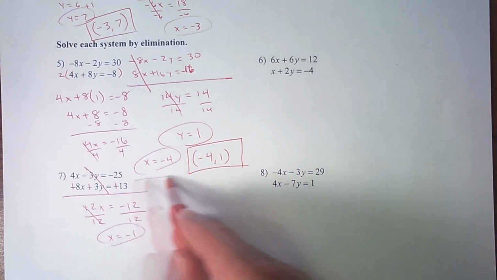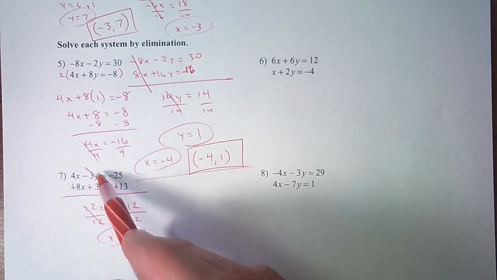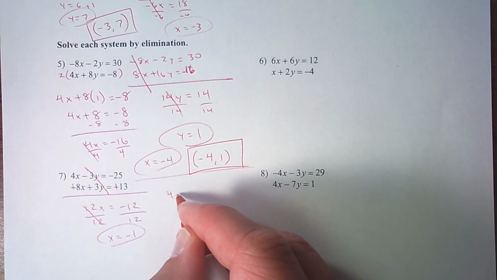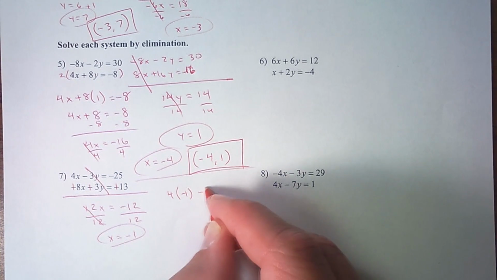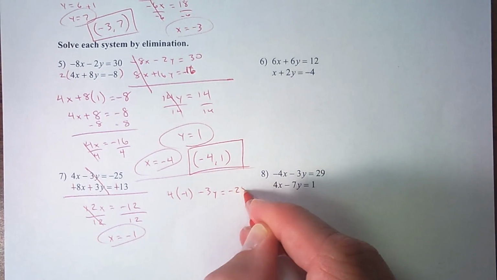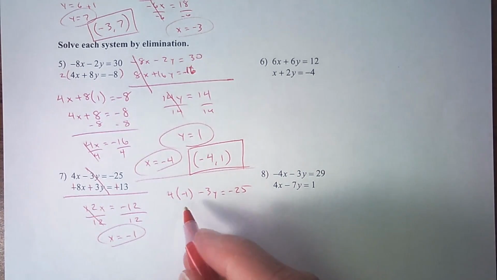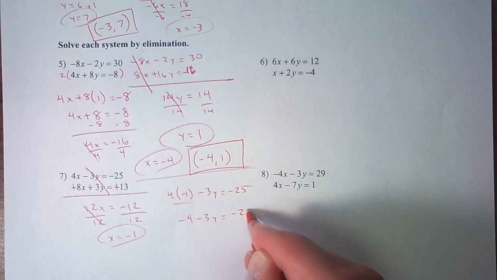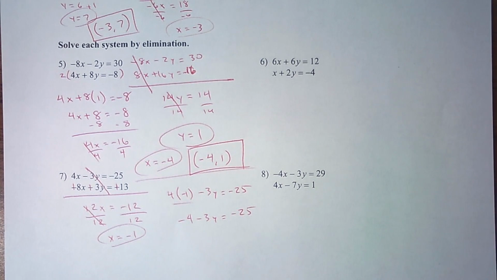Okay, now I can plug that into either of these top two equations. I'll go with the top one. So I've got 4 times negative 1 minus 3y equals negative 25. So that's negative 4 minus 3y equals negative 25.